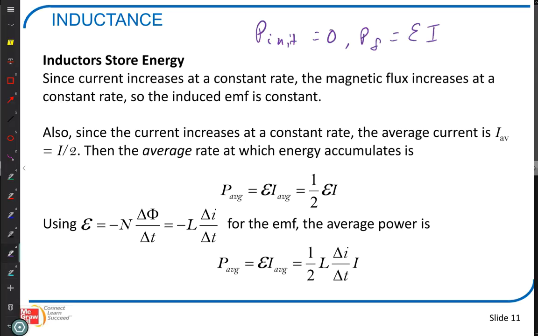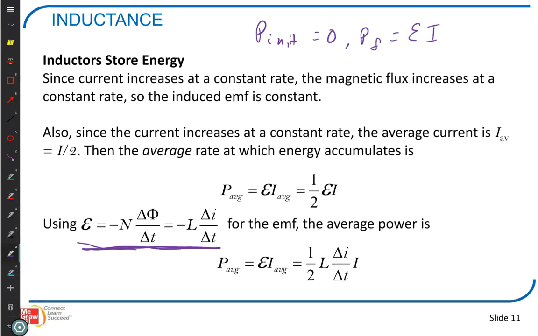Why is it important that the current was a linear increase with time? If it's linear, what does it tell you about the voltage across the inductor?